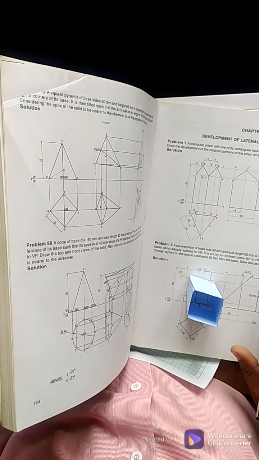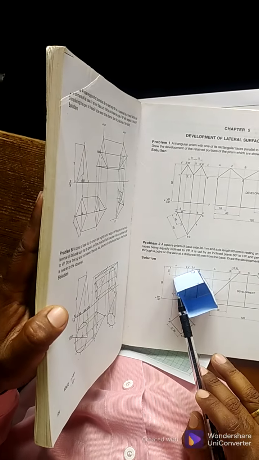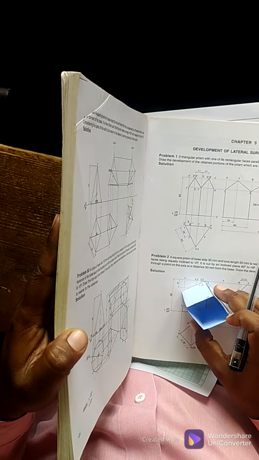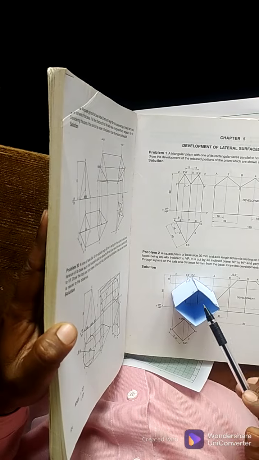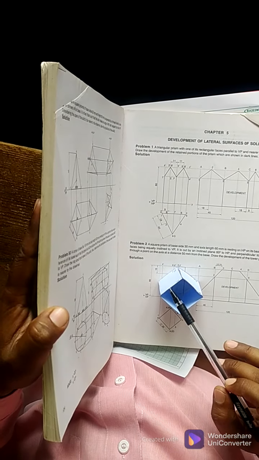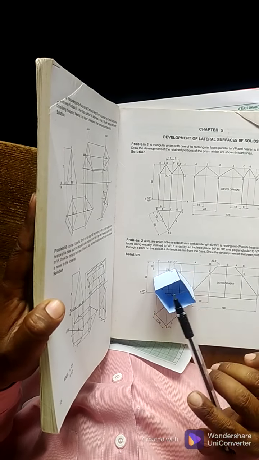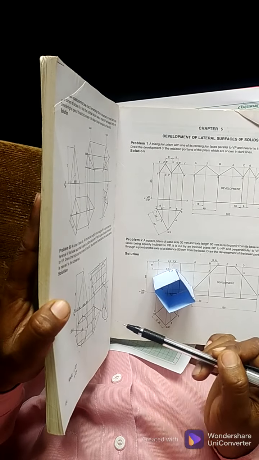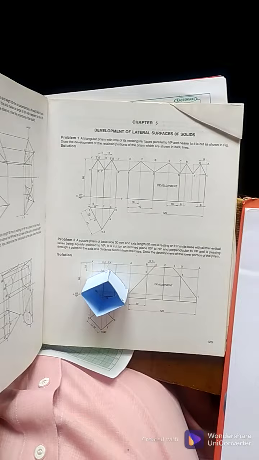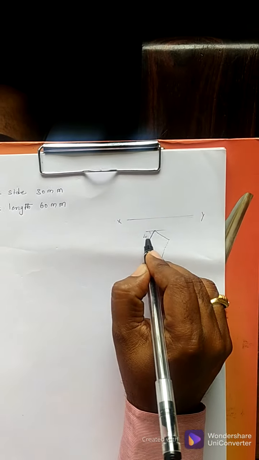All the vertical faces are equally inclined to VP. So this face is equally inclined, and all 4 faces are equally inclined to VP. This side is inclined 45 degrees, this side is also 45 degrees. So I will write the XY line. All the sides are inclined at 45 degrees to VP.